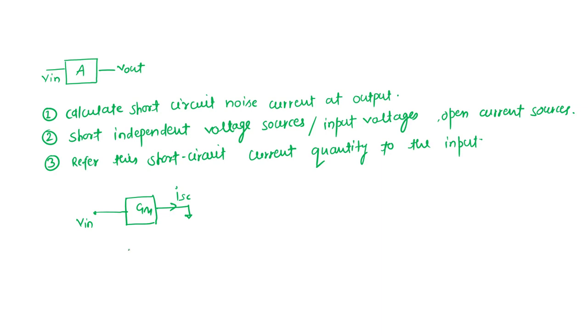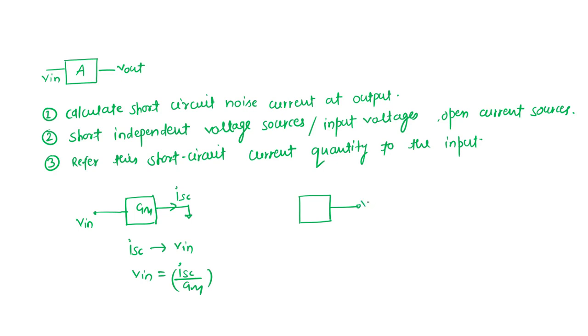So if I have ISC and I want to find V in, then simple, V in is this short circuit current divided by GM. So this output short circuit current is referred to the input by using the GM of this particular block.